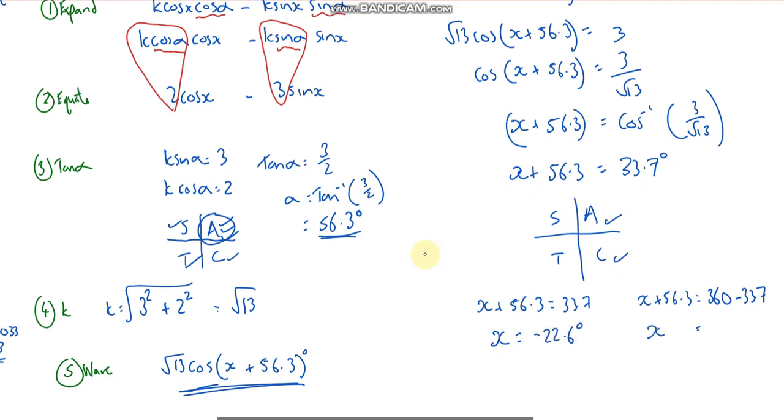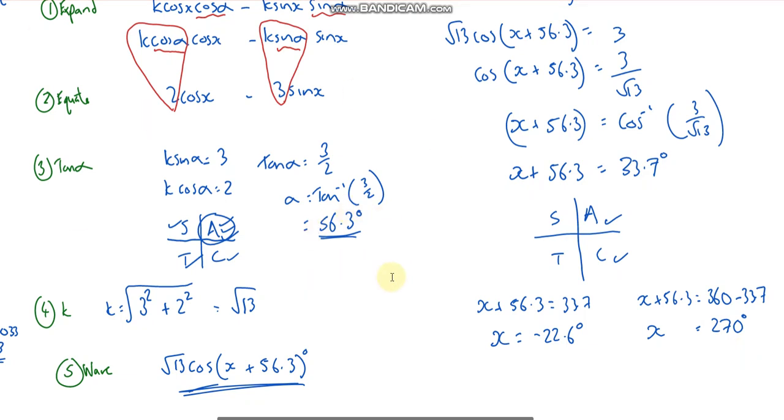And over here, I'm doing 360 take away 33.7, and I'll take away 56.3 as well. So 360 take away 33.7, take away 56.3. So that comes out as 270 degrees. It's quite a nice number.